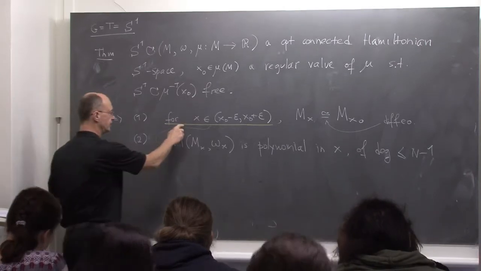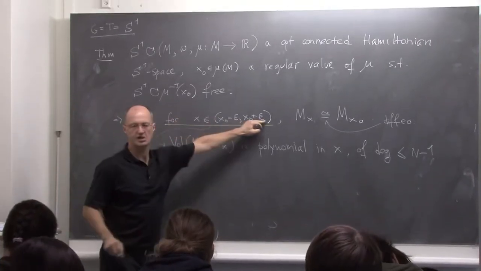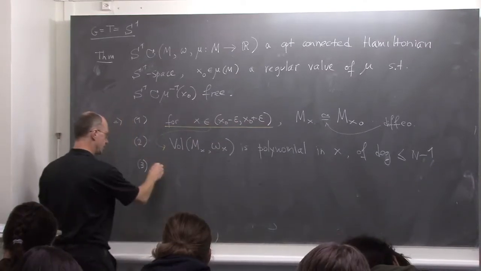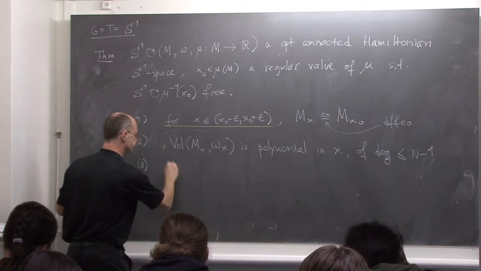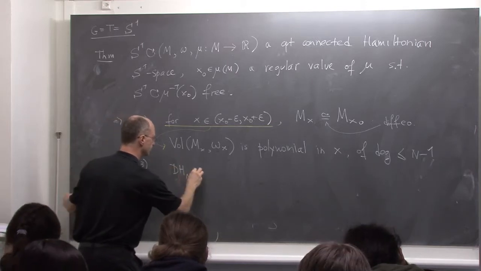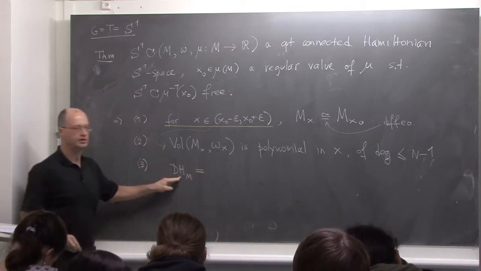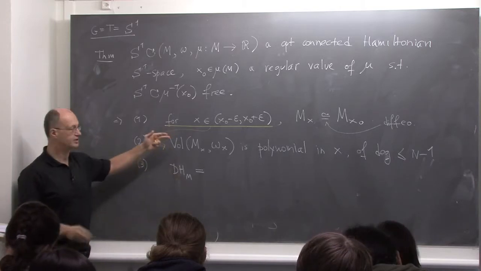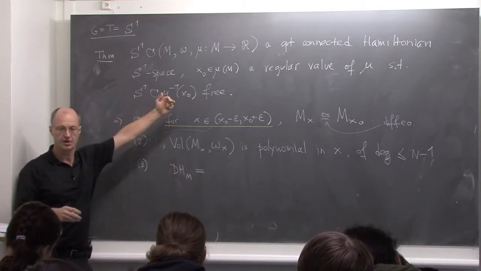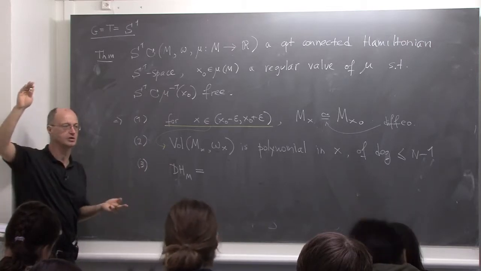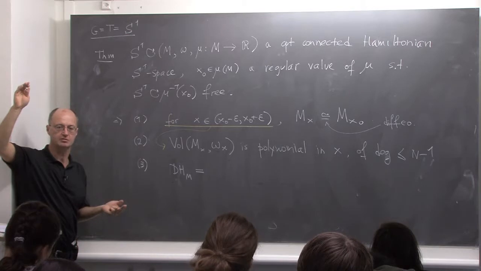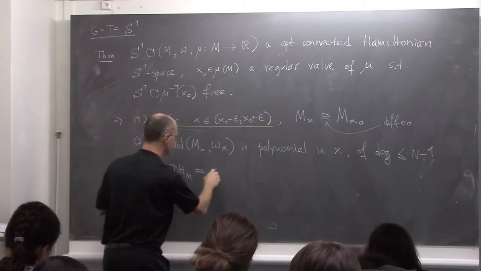And finally, again on the same interval, the Duistermaat-Heckman measure of M. So now it's a measure on the image of M. The image of M is a convex polytope in R, which means a closed segment. Right?